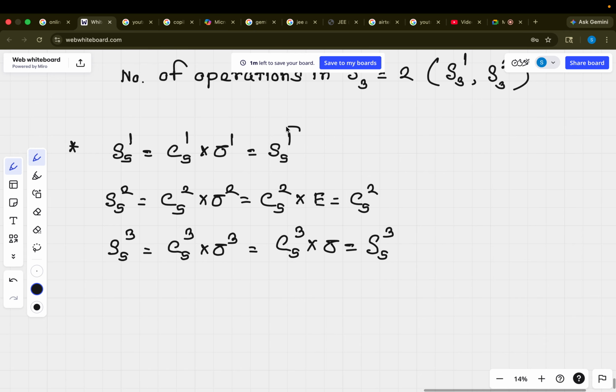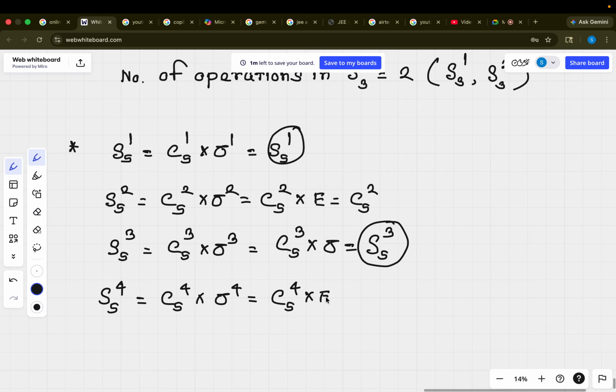So here you are getting back the S operator. Now next, suppose you have S5 4. That will be equal to C5 4 into sigma to the power 4. This sigma to the power 4 is actually equal to identical.